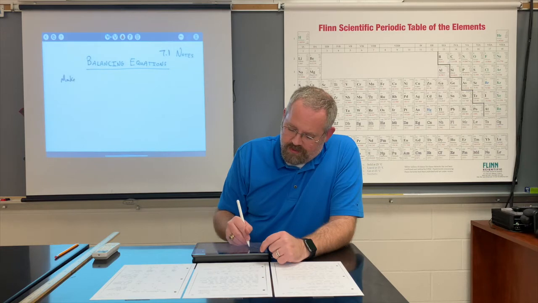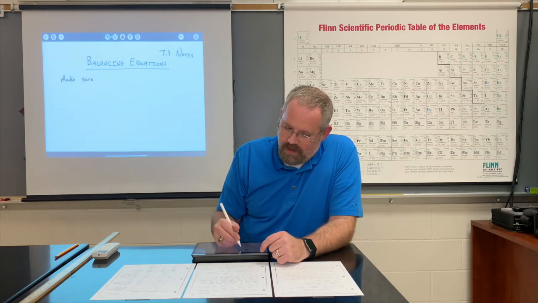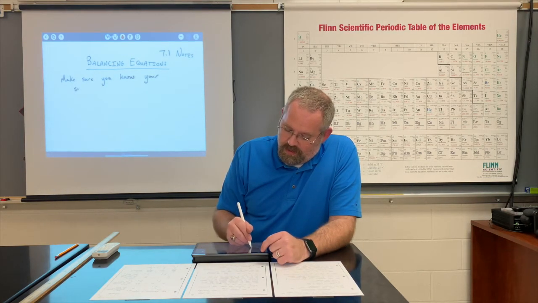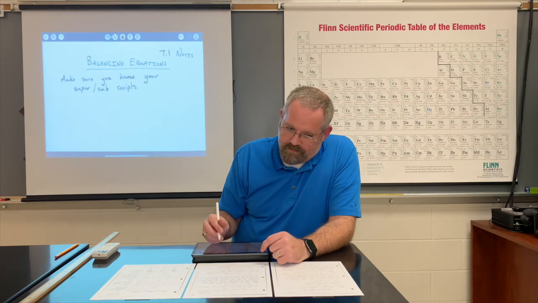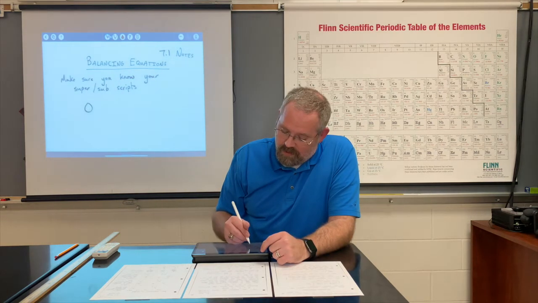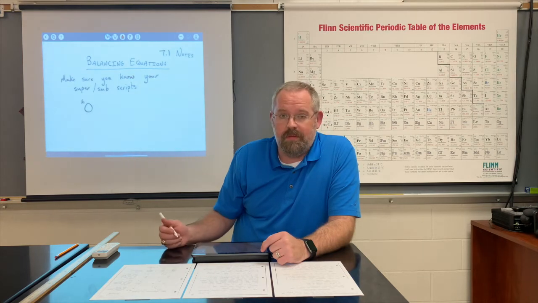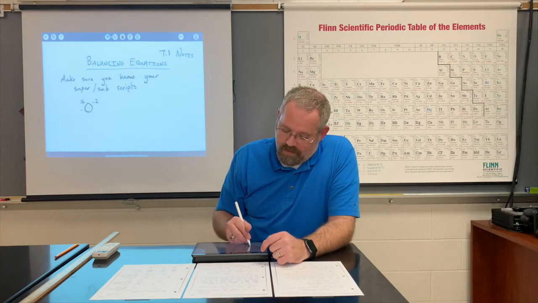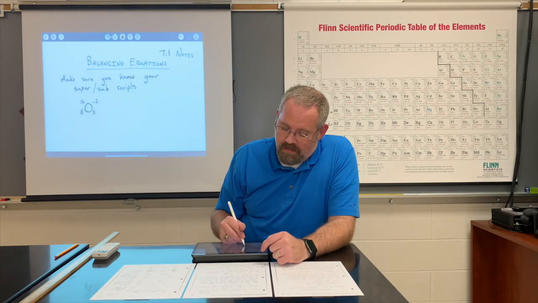You need to make sure you know your super and subscripts. Okay, so if I'm looking here at oxygen, my top left and my top right, my bottom left and my bottom right.